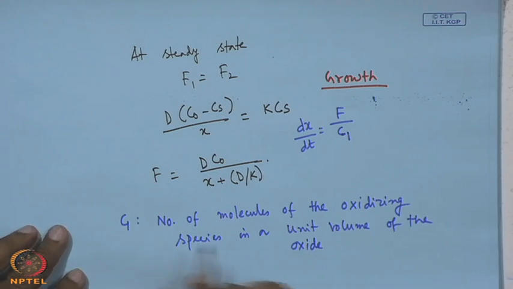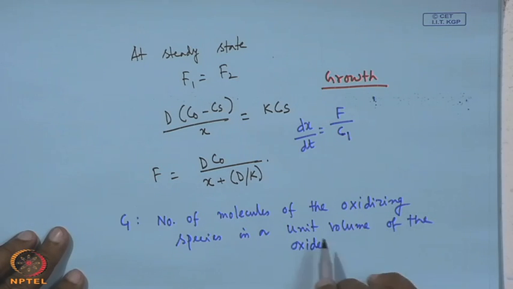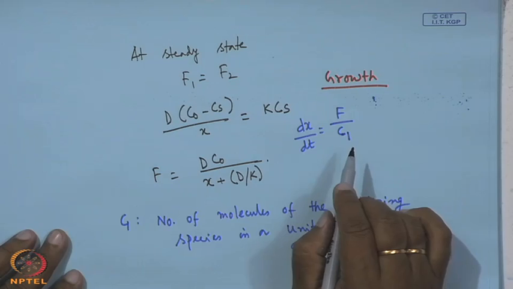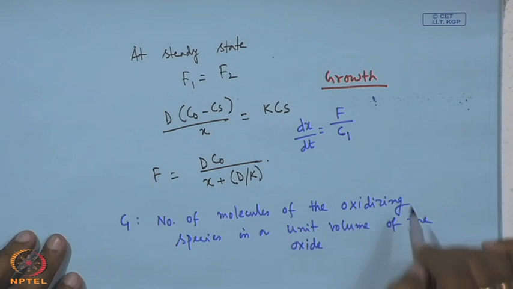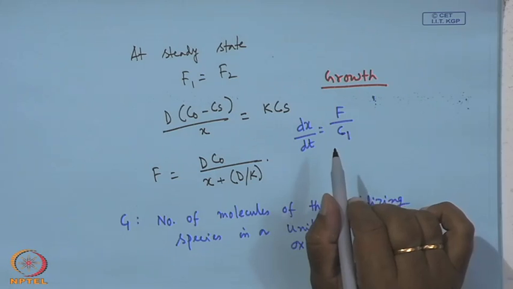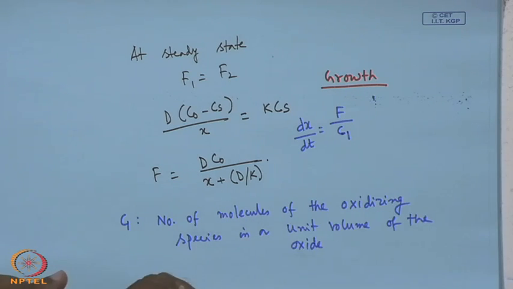If we divide this flux by this number of molecules of the oxidizing species, then we can achieve the growth rate of the oxide layer.